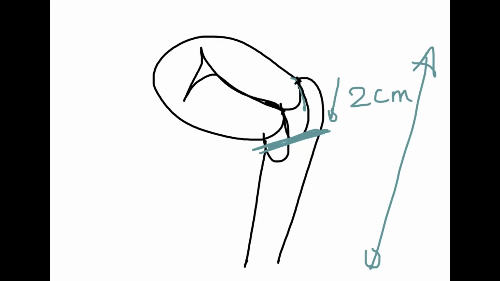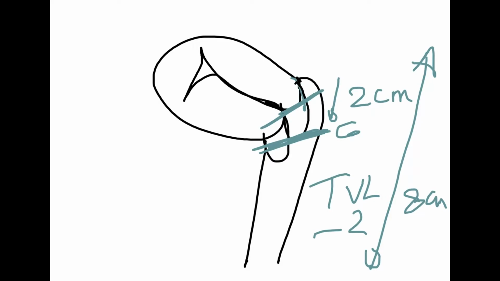For example, if the total vaginal length is 8 centimeters, point C can be either at the same level as the total vaginal length, which is here, or the total vaginal length minus 2, which is 6 centimeters. So C stands for either cervix or vaginal cuff, depending on whether the woman has a uterus or not. So what about point D? Let's draw again.